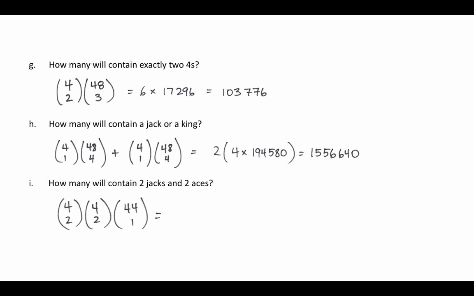So once we've split it into 3 piles, then we're going to take 2 of these, 2 of those, and 1 of those. So 4 choose 2 times 4 choose 2 times 44 choose 1. 6 times 6 times 44 gives you 1,584 hands that have 2 jacks and 2 aces and then something else. And that is it.